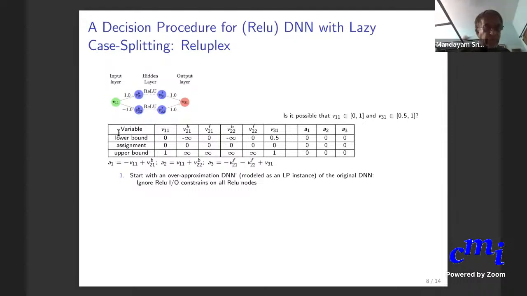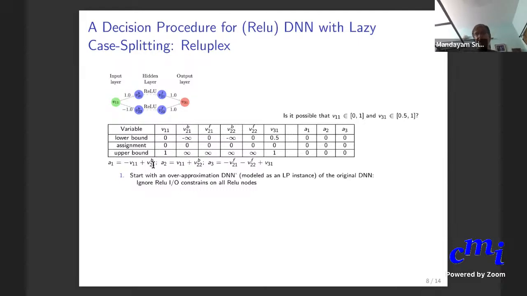As usual, these are all the variables, and the linear transformations, the functional dependency of the backward nodes on their input nodes, are expressed as linear expressions.